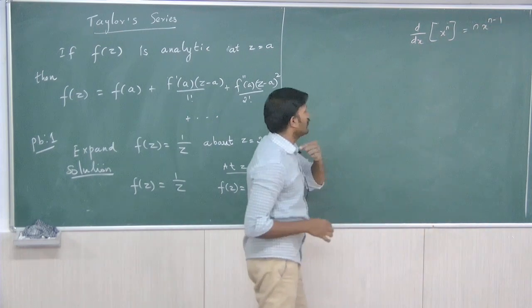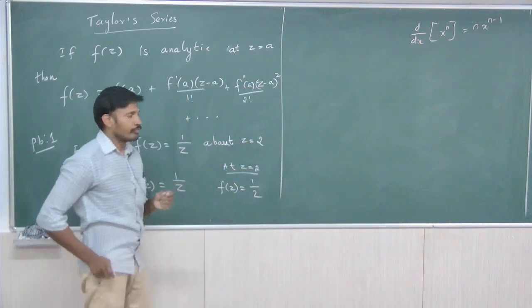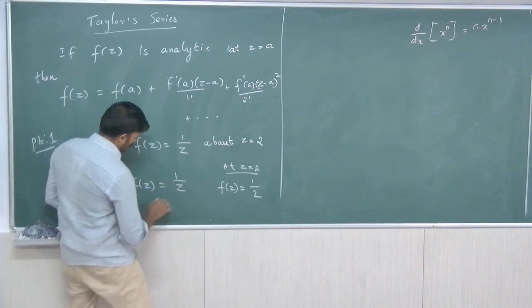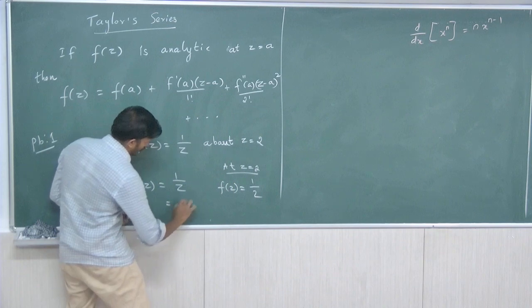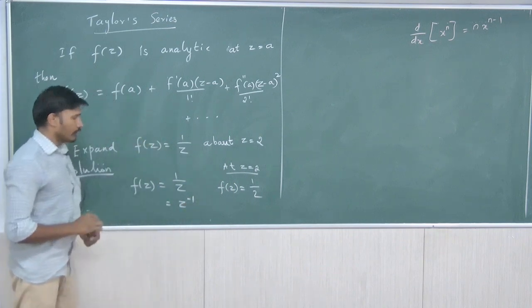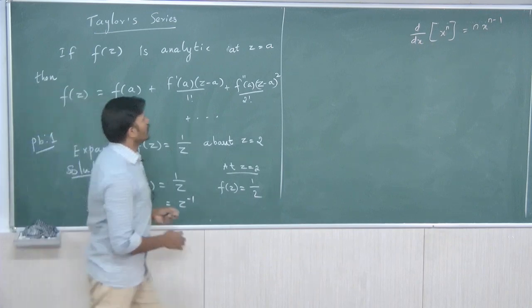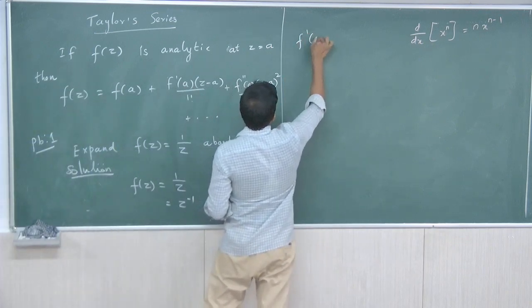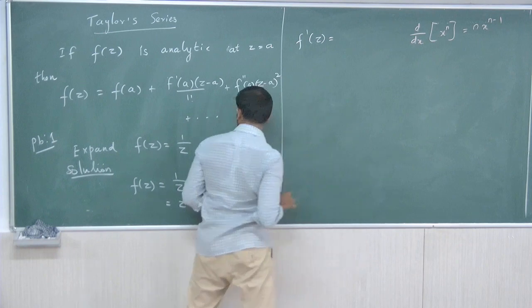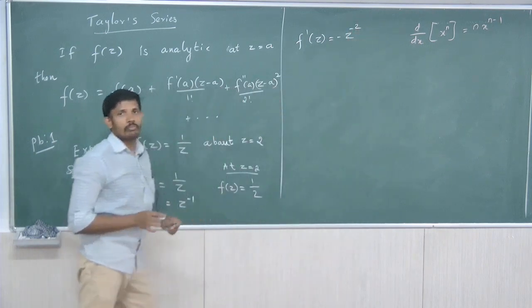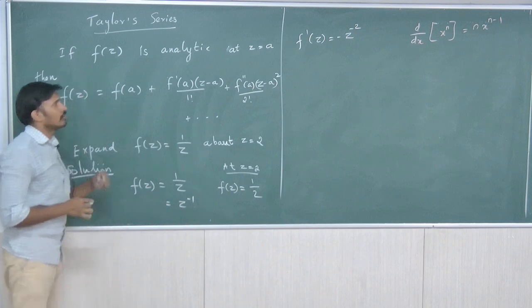I am going to apply this formula, right? To use this formula better, you can rewrite this term as z power minus 1. Now you can differentiate. From that you get f dash of z equal to minus z power minus 2.